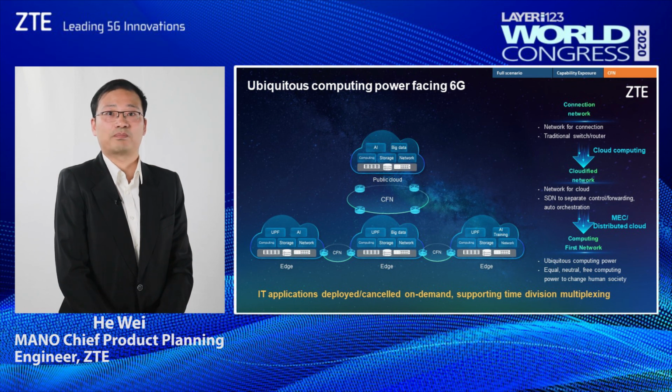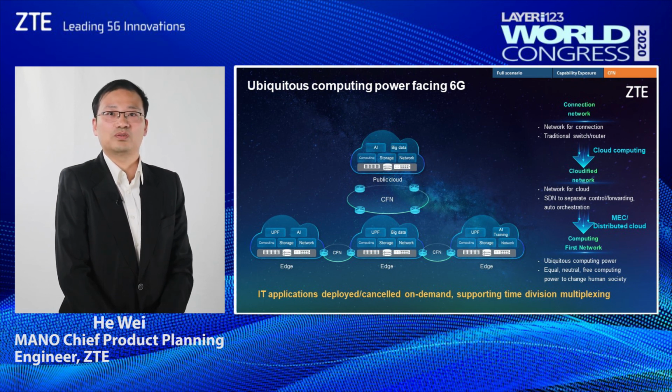Computing power gives priority to the exploration of new architecture, new protocols, and new technologies for computing and network integration. On the CFN layer above the network layer, the current computing capability and network status are released to the network as routing information.